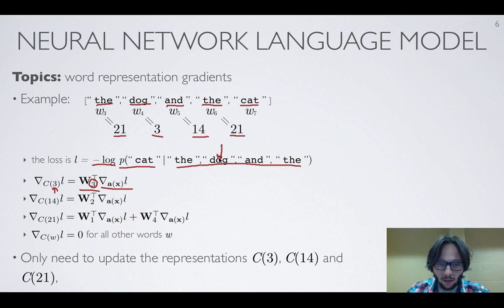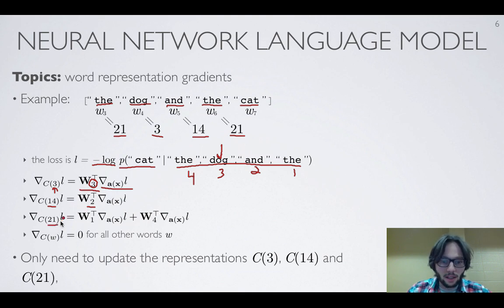So indeed, dog is at relative position 3, so that's 3, 2, 1, that would be 4. So that's why we're taking that gradient of the pre-activation at the hidden layer, multiplying by W3 transpose. For 14, which is and, it's at relative position 2, so we take the same pre-activation gradient and multiply by the transpose of W2.